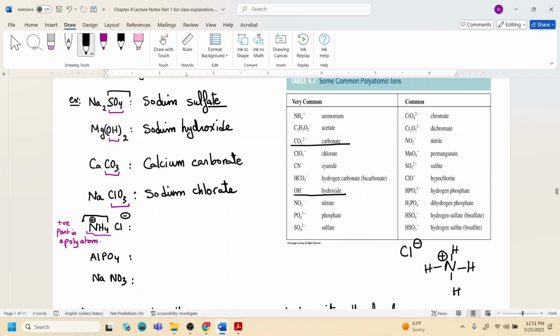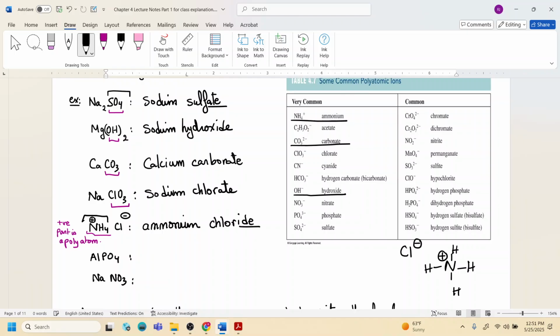It's here. This is the only positive polyatom that we are going to consider. We're not going to consider any other positive polyatoms. But as you can see, you have a lot of negative polyatoms there. So that one is going to be ammonium, and then it's going to be chloride.